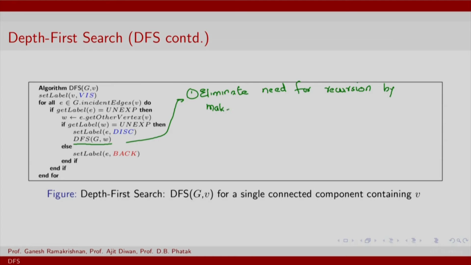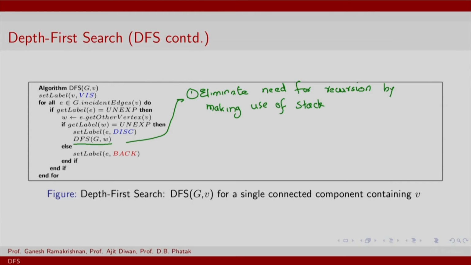And we will basically do that by making use of the stack auxiliary data structure. How would you do that? Well, we are going to move the part of DFS, simulate it by having W inserted into a stack.